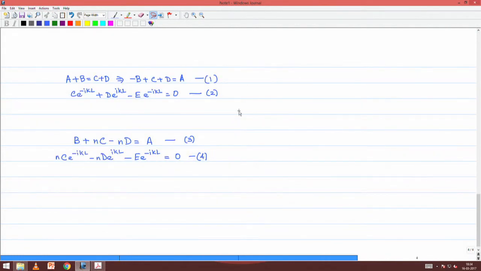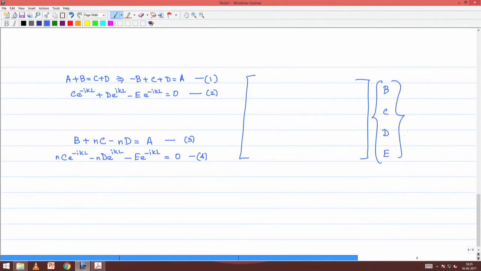So, in matrix form these equations could be written in the following fashion. The unknowns are b, c, d and e. So, each equation we will now write it. The first equation has minus 1 as the coefficient of b, plus 1 as the coefficient of c, plus 1 as the coefficient of d, but 0 as the coefficient of e, right. And this on the right hand side leads us to a, right.